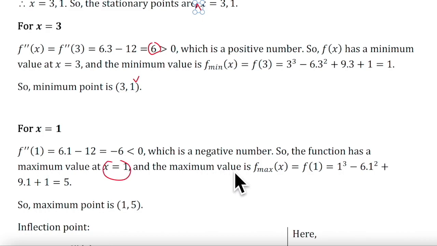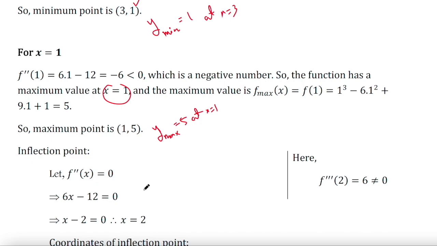The y coordinate you will get similarly again from the given function. This result we can write in another way. You see, we can say y min equal to 1 at x equal to 3. And this one we can say y max, the maximum value of y, which is 5 at x equal to 1.